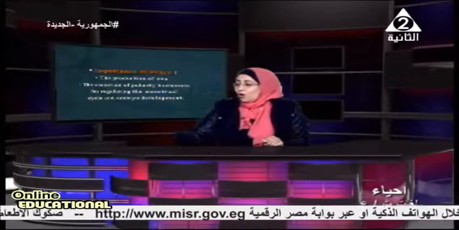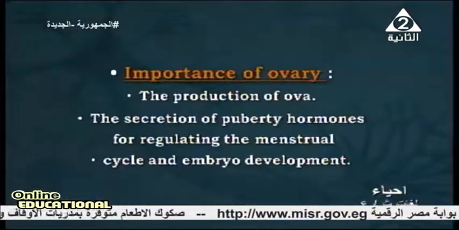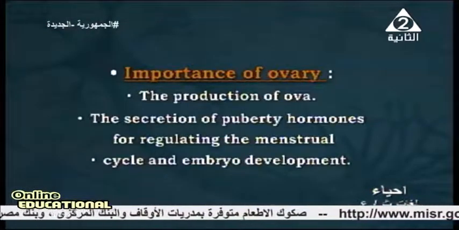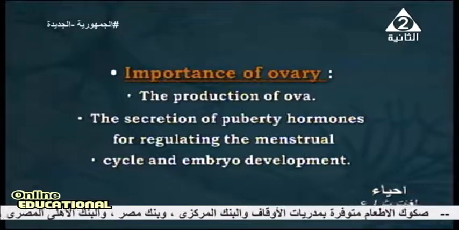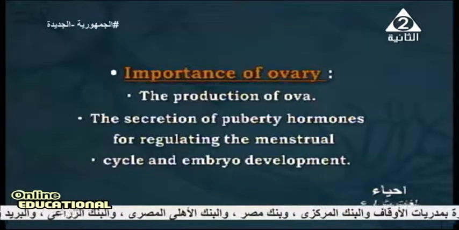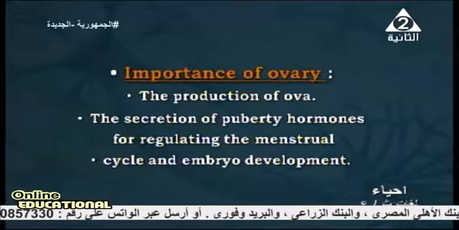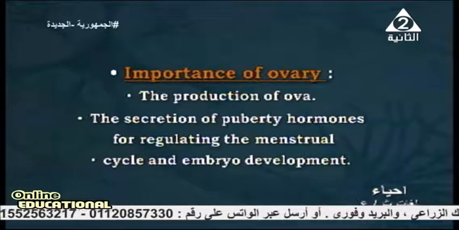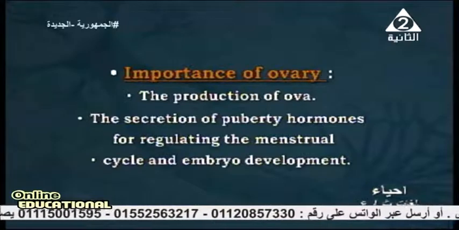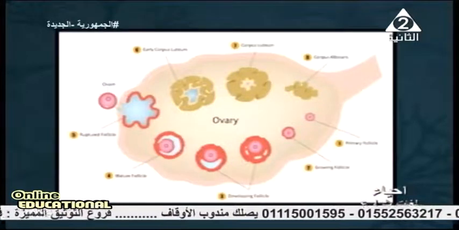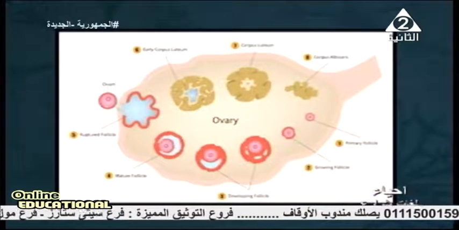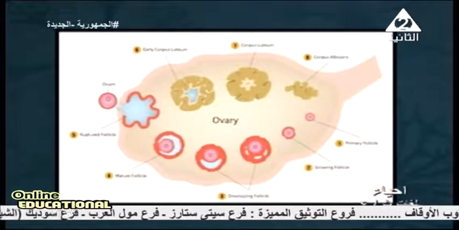Also, the ovary secretes puberty hormones like progesterone and estrogen. These two hormones regulate the menstrual cycle and also regulate embryo development. This is the structure of the ovary. What happens inside the ovary?